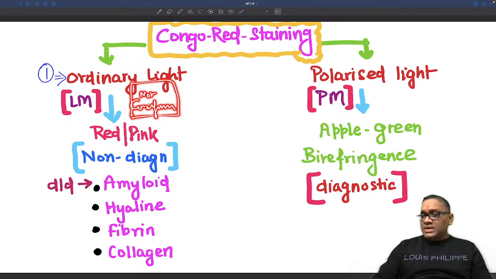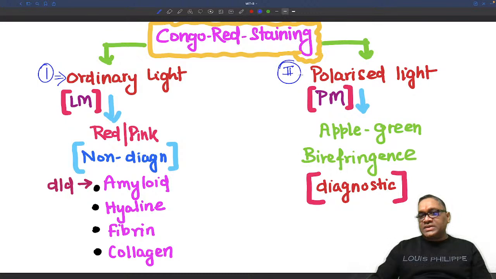So how can we confirm the diagnosis? To confirm the diagnosis, you have to use the polarized light. Whenever you see the stain under polarized microscopy, with polarized light, then we will find apple green birefringence.